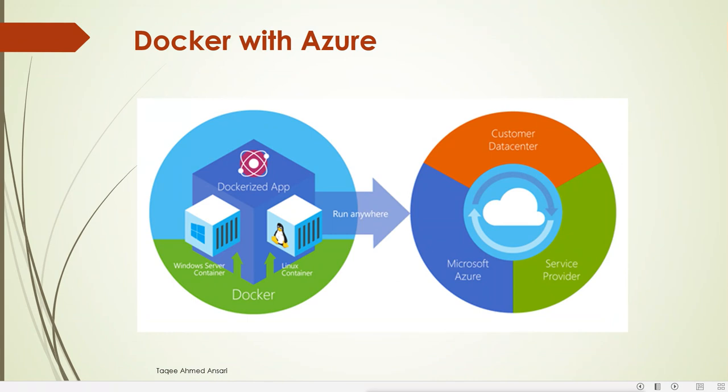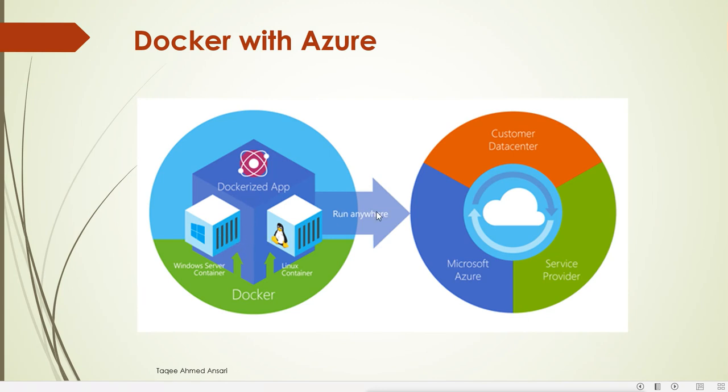This is Docker Hub. Then Docker with Azure. Now Azure is Microsoft's cloud services, where we can have applications on the cloud which we can use from anywhere in the world. So Microsoft provides different applications through the Azure services.